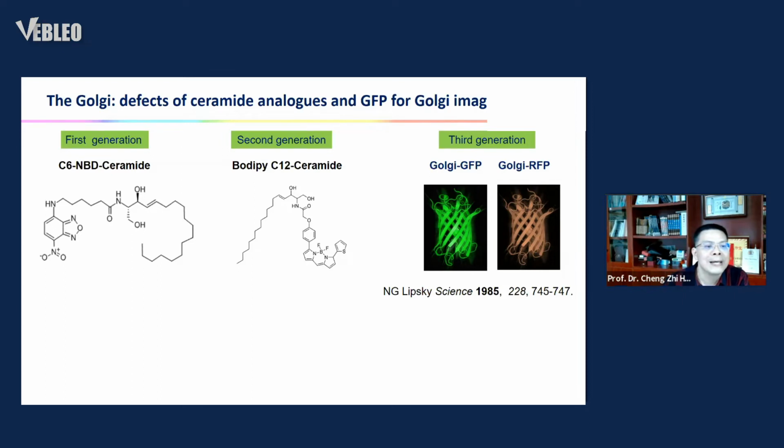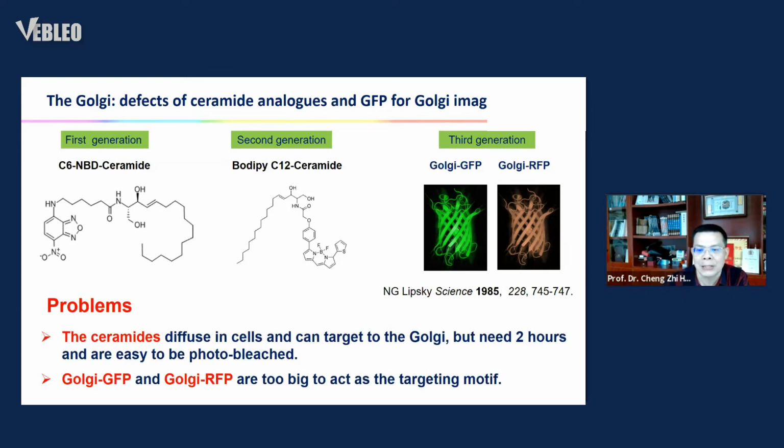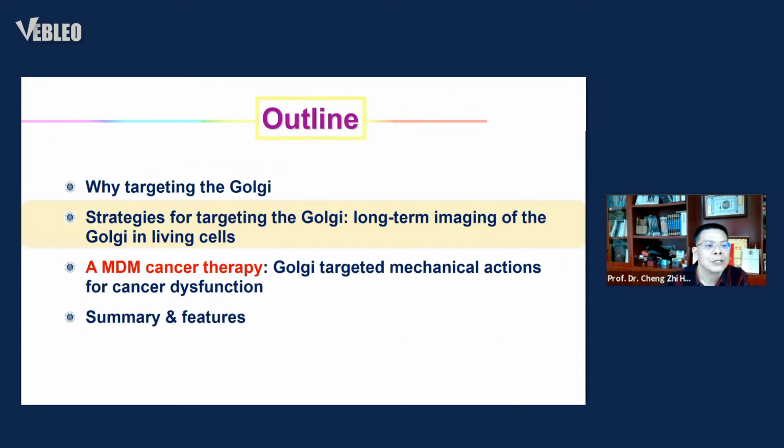However, these have problems such as the ceramides diffusing into cells and can target to the Golgi only by needing 2 hours and are easy to photo bleach, or the fluorescence proteins are too big to act as a target motive. So in such case, we developed fluorescent carbon dots, which can be used for long-term imaging of Golgi in living cells without significant photo bleaching.